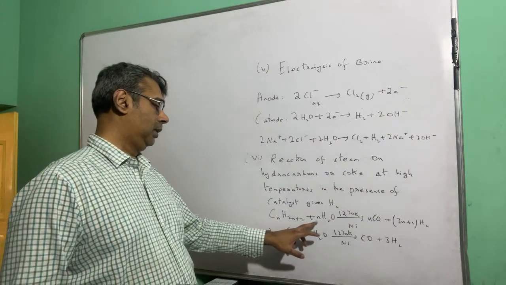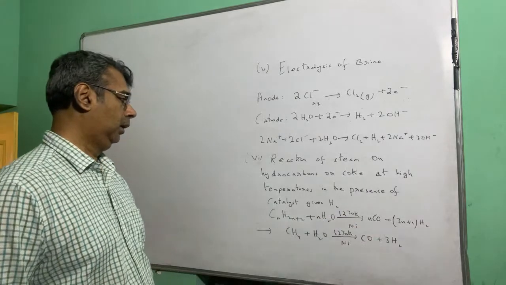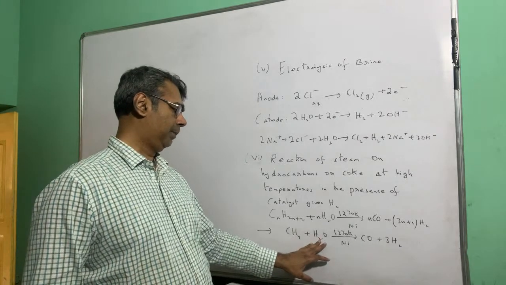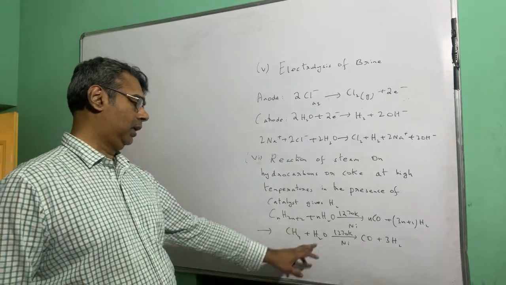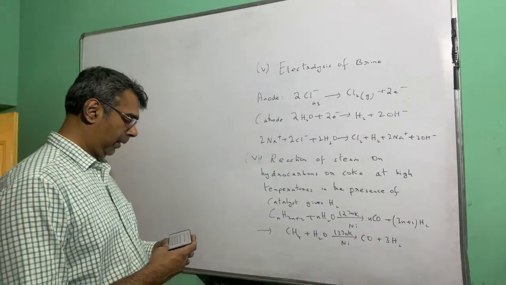So this is hydrocarbon plus steam, at high temperature with catalyst, giving CO plus H2. For example, methane plus steam at 1270 Kelvin with catalyst gives CO plus H2. This is an example of that.